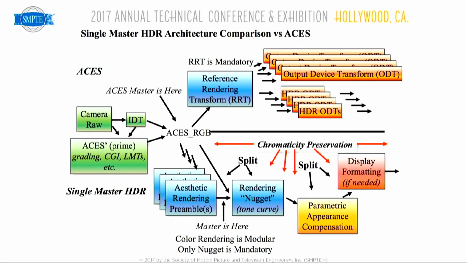It's been put into more modular blocks. The reference rendering transform of ACES is up here. It's mandatory, and it does several things at once in a kind of combined manner. I have split that out.